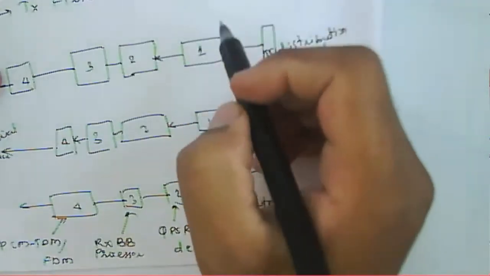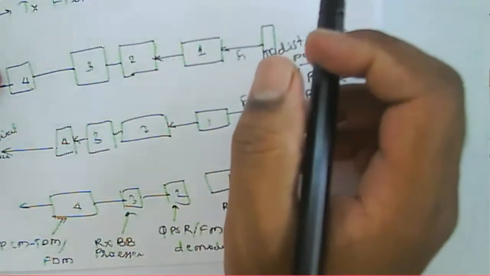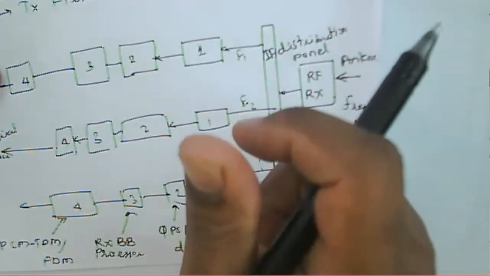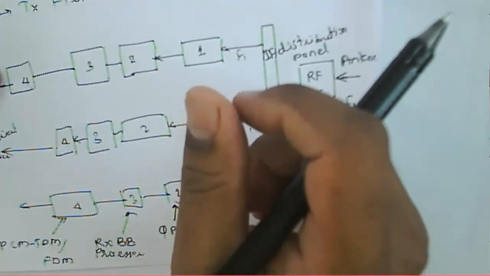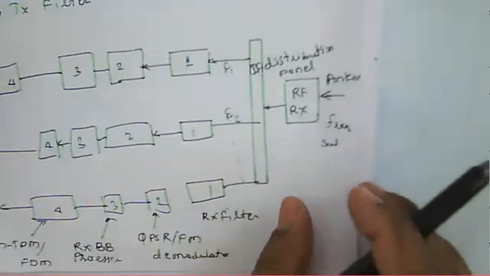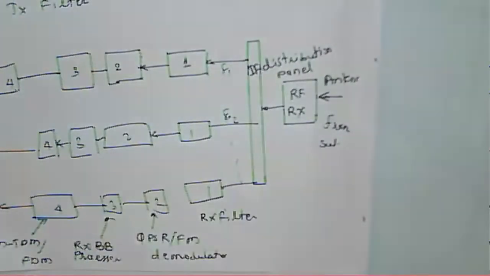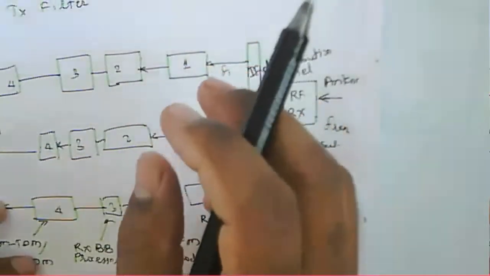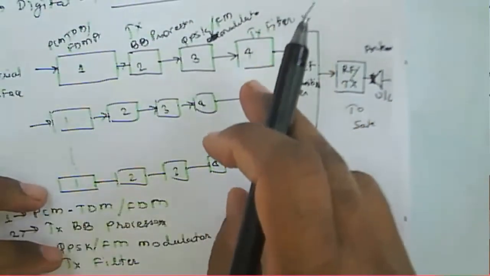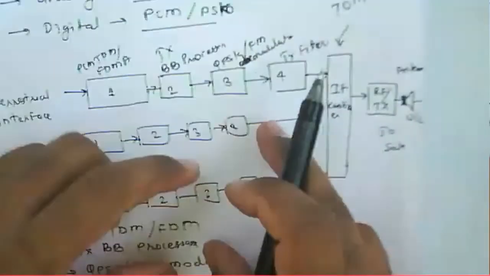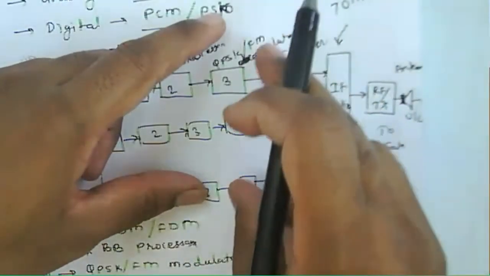If there are transmission and reception chains of n channels, or multiple systems, multiple earth stations, so multiple transmit and multiple receive chains make it a costly system.